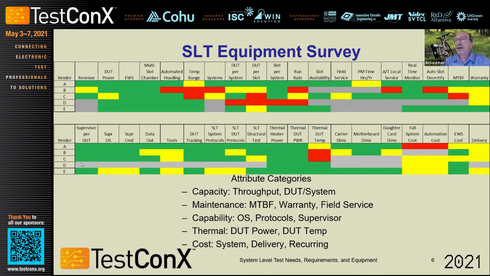I might also note that this vendor D is really one of many vendors that really only had handler only offerings, not supplying the controller function. So this vendor here is our lowest cost version of that list of people just supplying handlers.